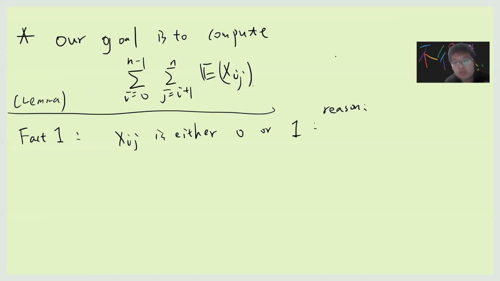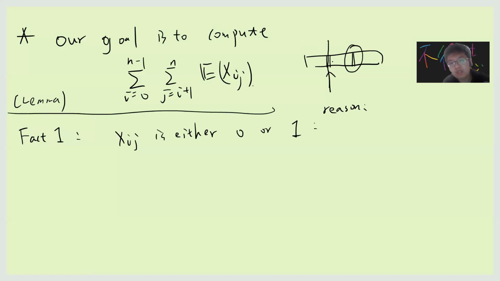Because in quicksort, let's say you choose this as a pivot. If you choose two numbers, these two numbers will only be compared if one of them is a pivot, right? So if I choose these to be pivots, then I will compare this. And this one will be put either right or left. But once I put it, then this is fixed, right? So no one will try to compare with this one.